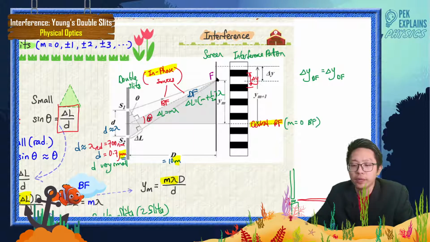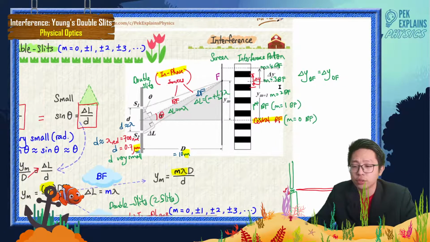Then here we have our first bright fringe, which is the first order bright fringe. Then we have the second order bright fringe, then the third order bright fringe, and the next one is the fourth order bright fringe.